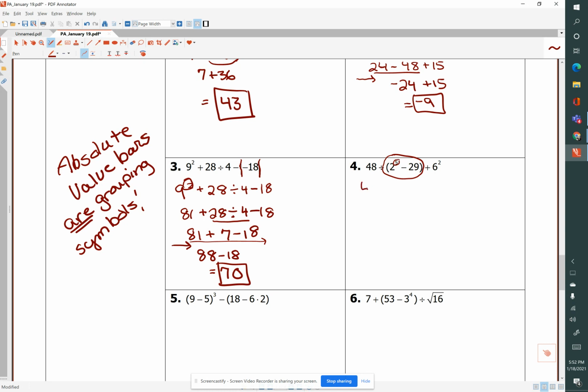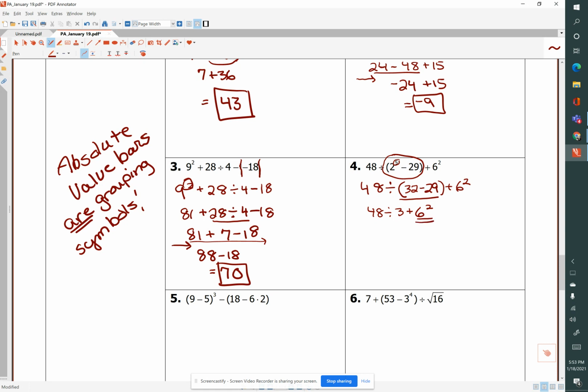So we will have 48 divided by, we still have a parenthesis, 2 to the 5th power is 32, minus 2, the parenthesis stays until we evaluate the whole parenthesis, plus 6 to the 2nd power. Now we're going to evaluate inside the parenthesis, the 32 minus 2. So 48 divided by, and 32 minus 2 is 3, plus 6 to the 2nd power.